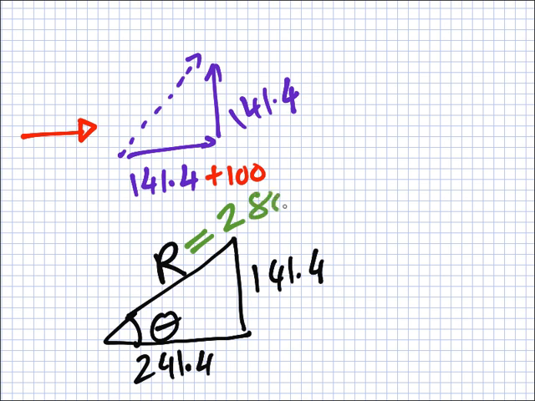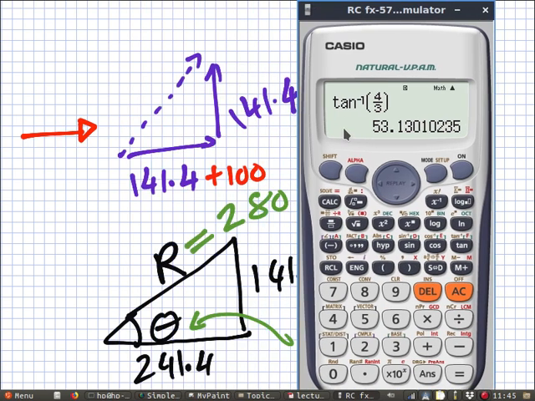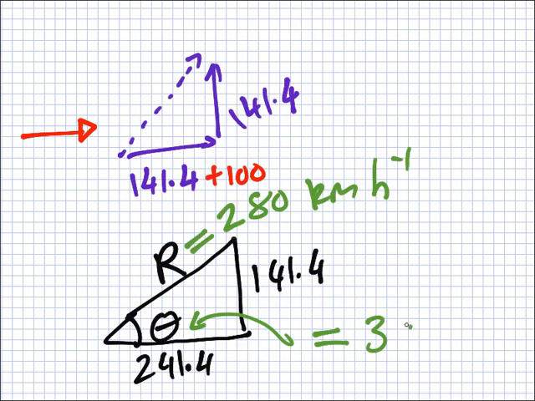So 280 then, kilometers per hour. And then what does the tan inverse tell us theta is? 30.36? Oh, I thought you said it was 35. And you said 30. But that's quite different. It is 30. Okay, all right. 30.3 degrees.